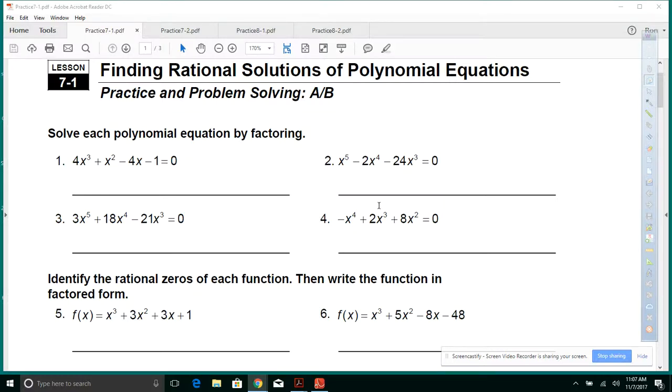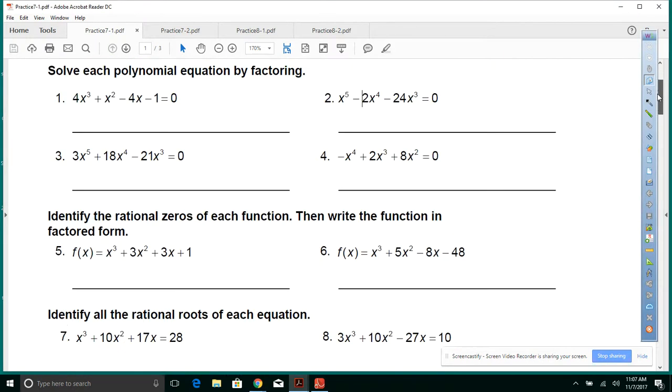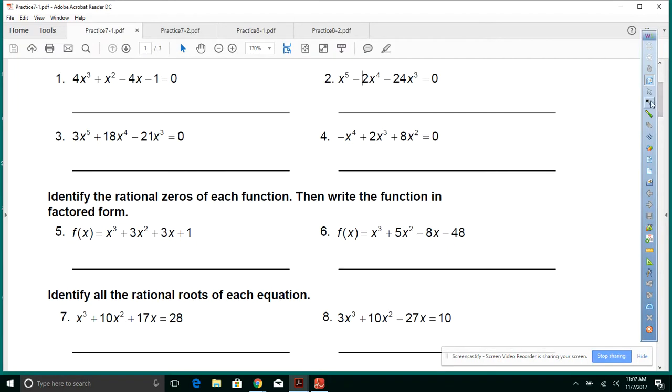Module 7 review. We'll start off with 7-1. It says solve each polynomial equation by factoring. All right, so let's factor this.